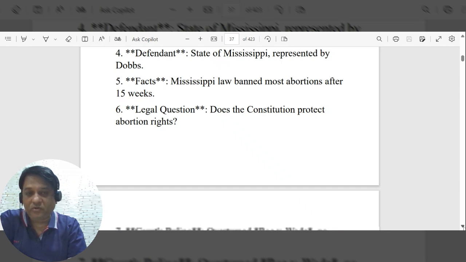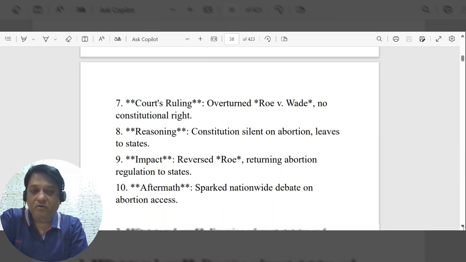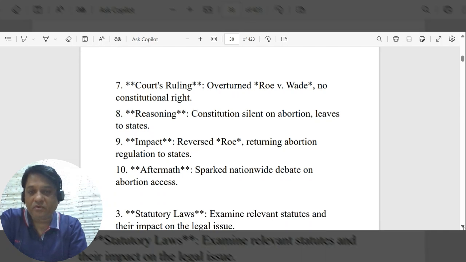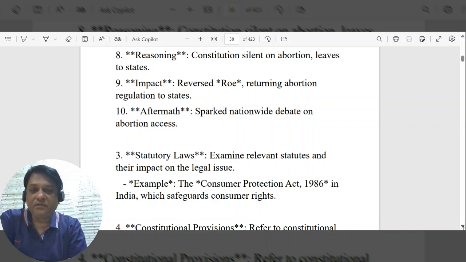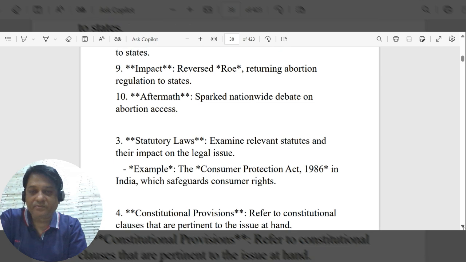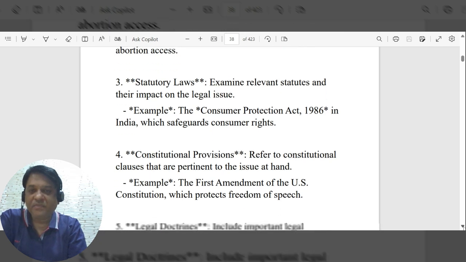Legal question, does the Constitution protect abortion rights? Court's ruling overturned Roe versus Wade, no constitutional right. Reasoning, Constitution silent on abortion, leaves it to the states. Impact, reversed Roe, returning abortion regulation to states. Aftermath sparked nationwide debate on abortion access.